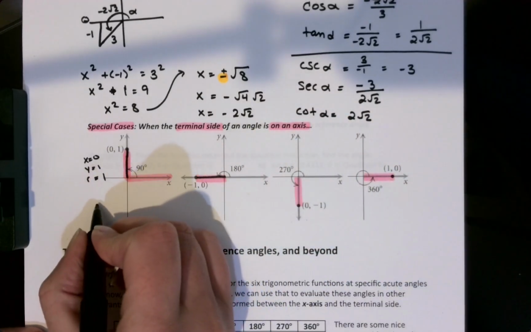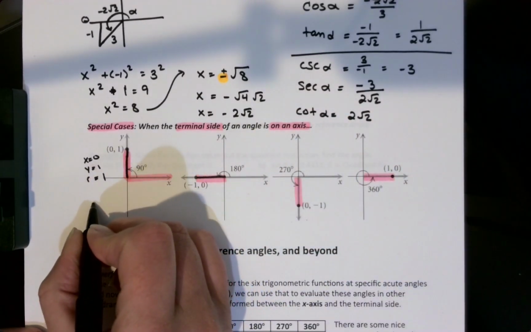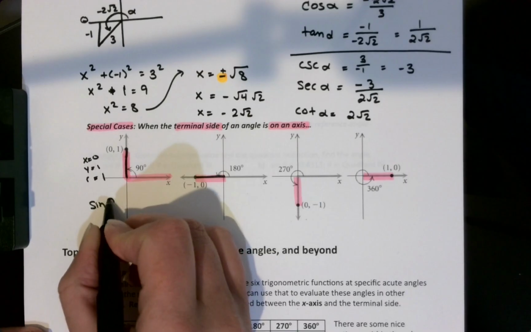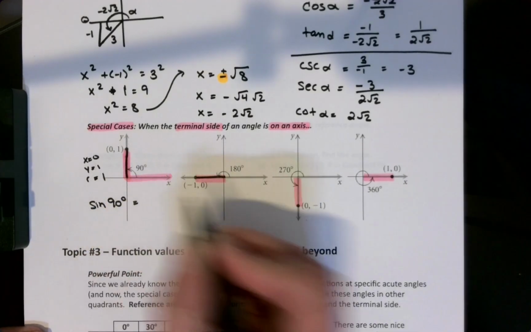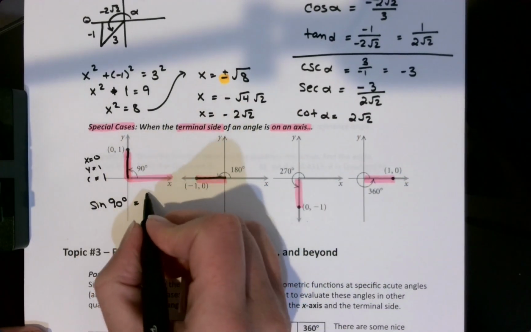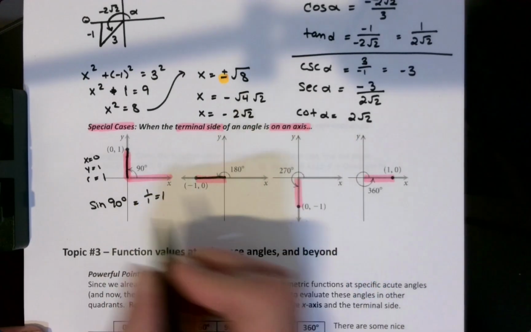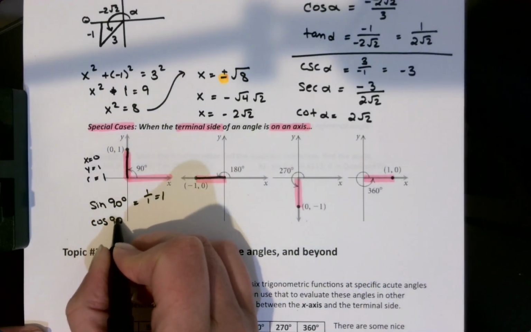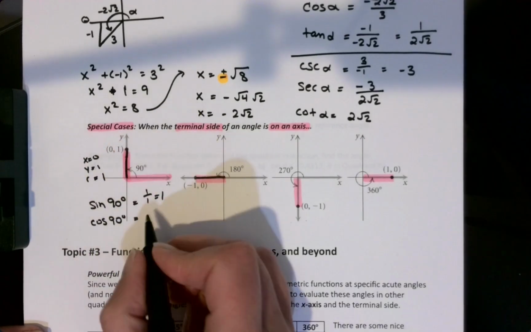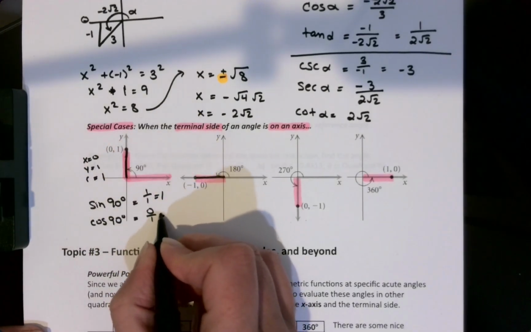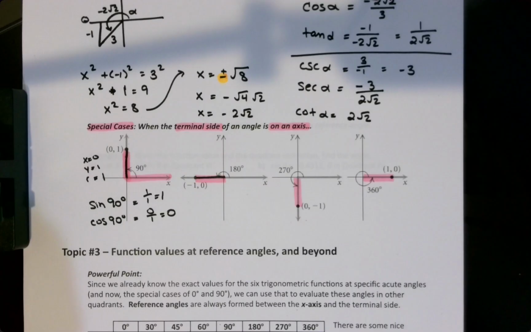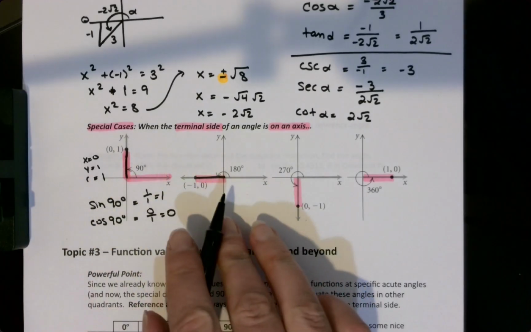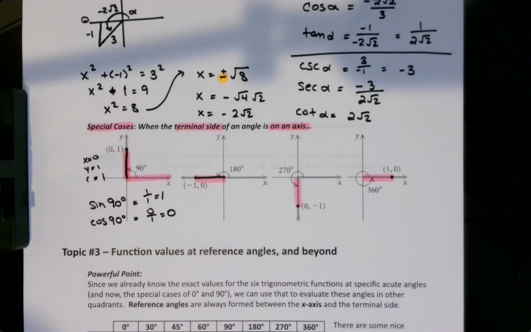So if I was able to find the sine of 90 degrees right here, it's equal to y over r. So that's 1 over 1, which is 1. And if I wanted to find the cosine of 90 degrees, it's equal to x over r. So that's 0 over 1, which is 0. So I can find the sine and cosine of the 90, a 180, a 270, or a 360.